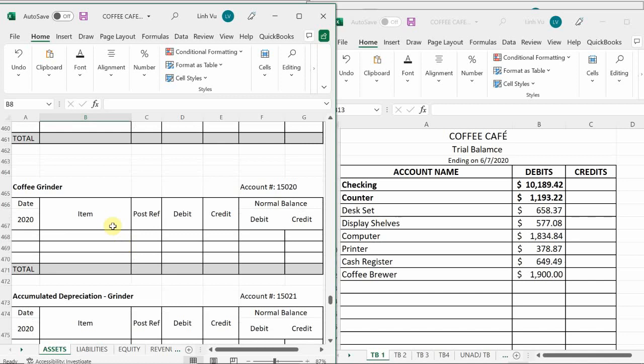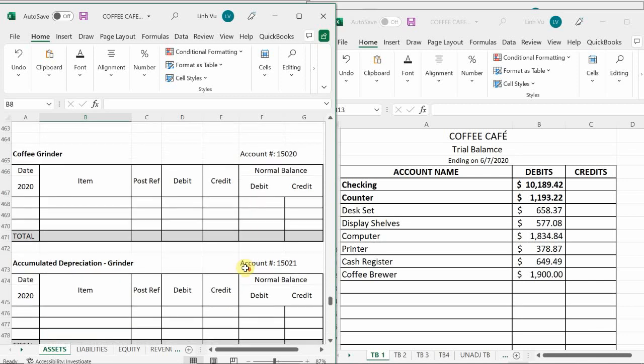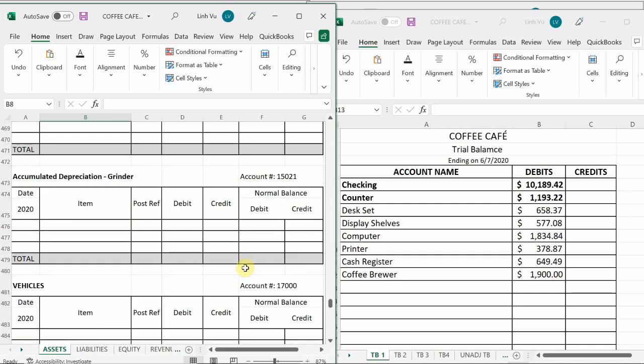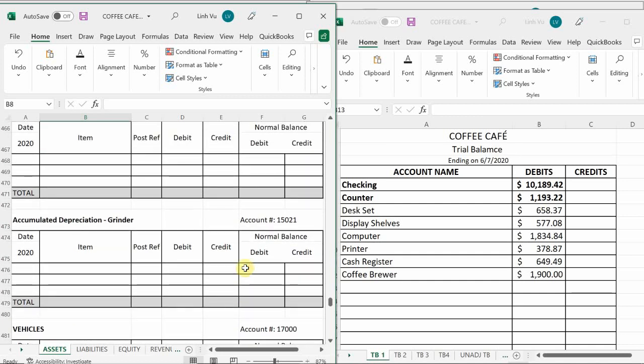Okay. Did I buy my coffee grinder yet? No, right? I submitted an order and put down payment. I haven't received the items yet. So in this case, I do not have a coffee grinder. Okay.